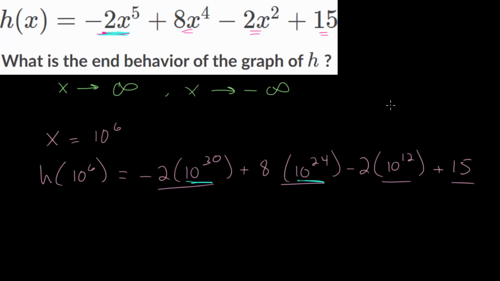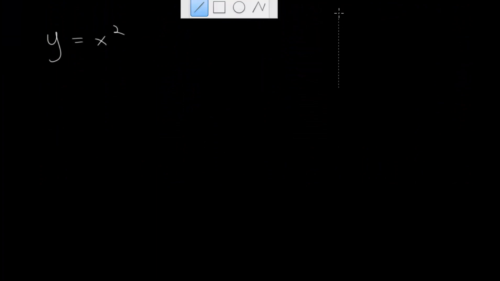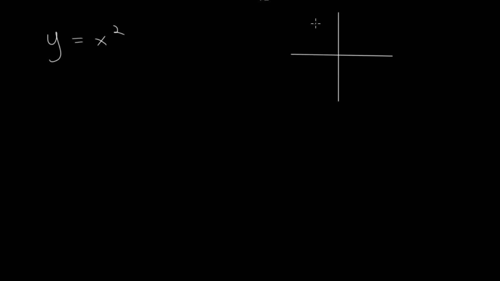To understand that, we need to consider the different parent functions. For instance, let me make some space here, and we can look through them all. Let's say we have the function y is equal to x squared, and let me draw in a quick coordinate plane here. If we graph this, this is just the parabola.